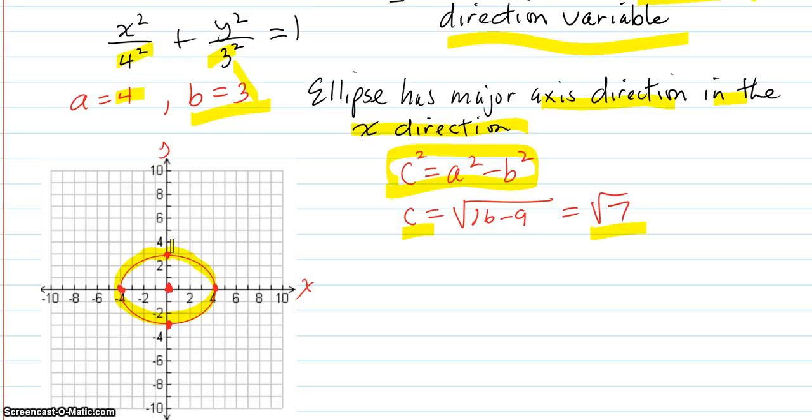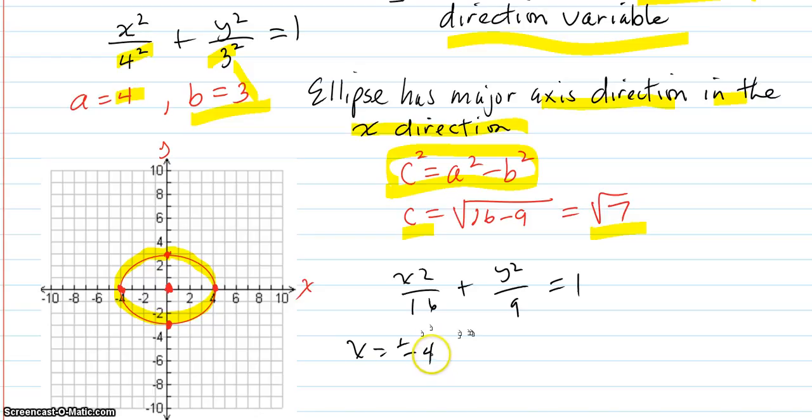You can also verify it by taking the equation x squared over 4 squared. Actually, just return it back to x squared over 16 plus y squared over 9 equals 1, and say when x is plus or minus 4, let's see what y has to turn out to be.